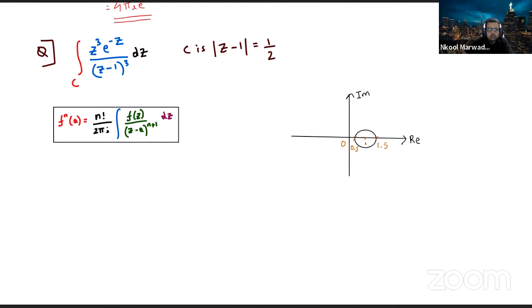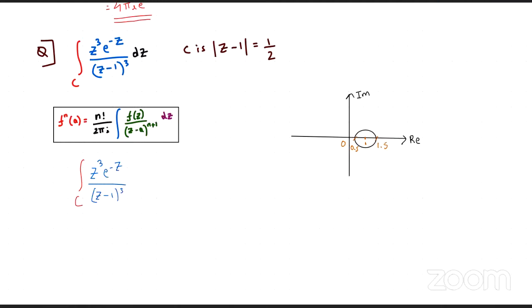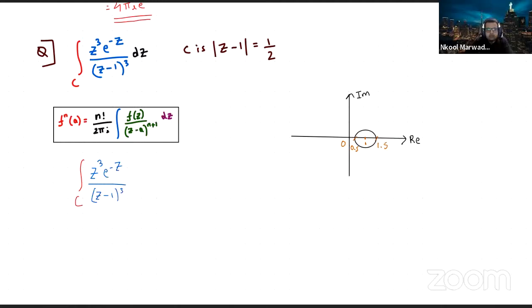So ultimately, the thing which we have to find: z minus 1 cubed, so a will be 1 and n will be 2.